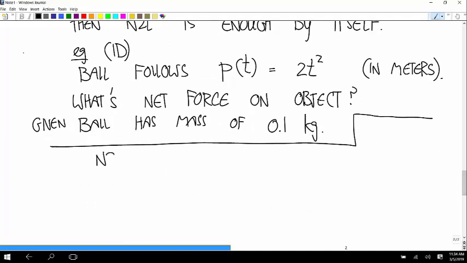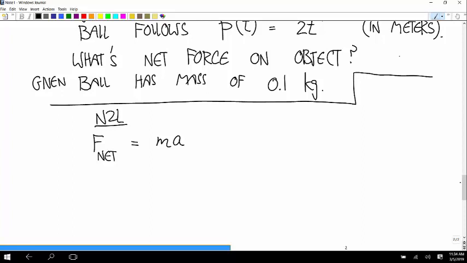Well, Newton's second law says that the net force is equal to the mass times the acceleration. The velocity, as a function of time, is the time derivative of the position. So that's 4t. The acceleration, as a function of time, is the time derivative of the velocity. So that's 4.